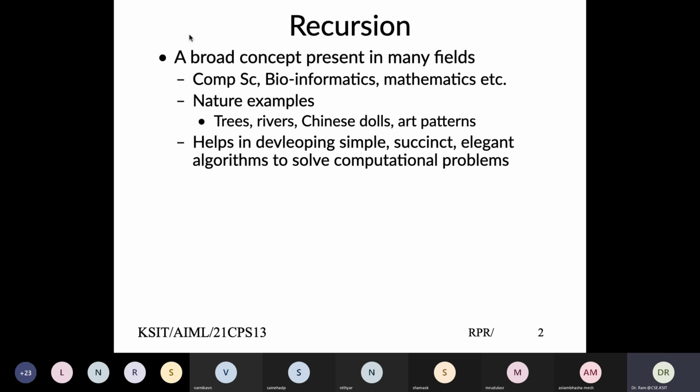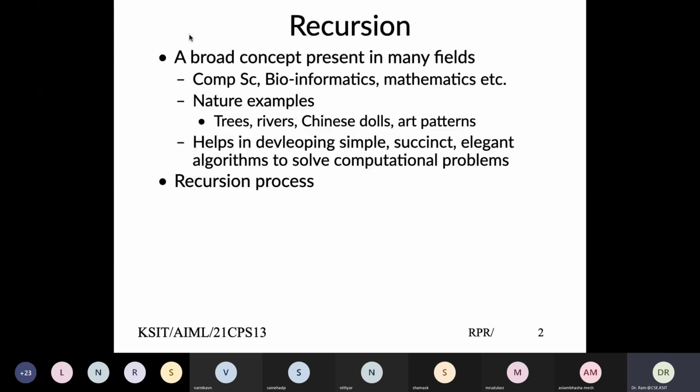When you study recursion in computer science, it helps us develop a simple, succinct, easy to understand solution, a very simple program, though we have to be a little careful how we write that program.